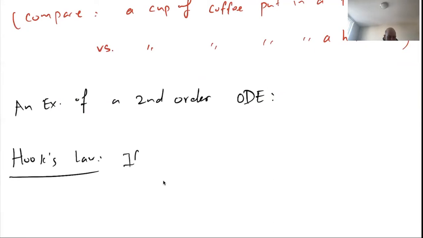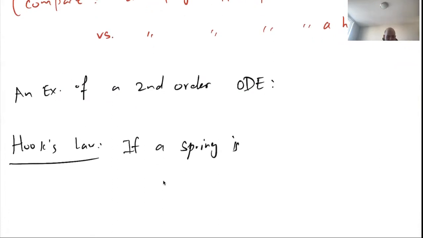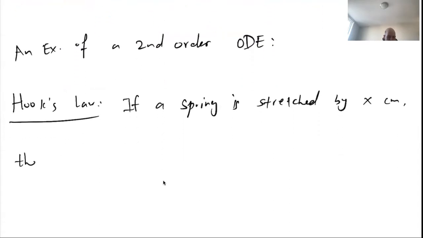If a spring is stretched by x centimeters, then we can say that F is equal to kx.